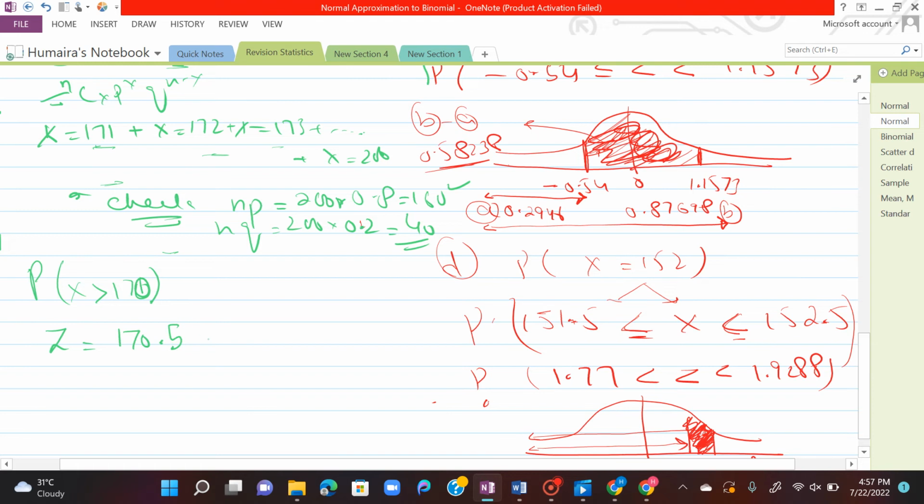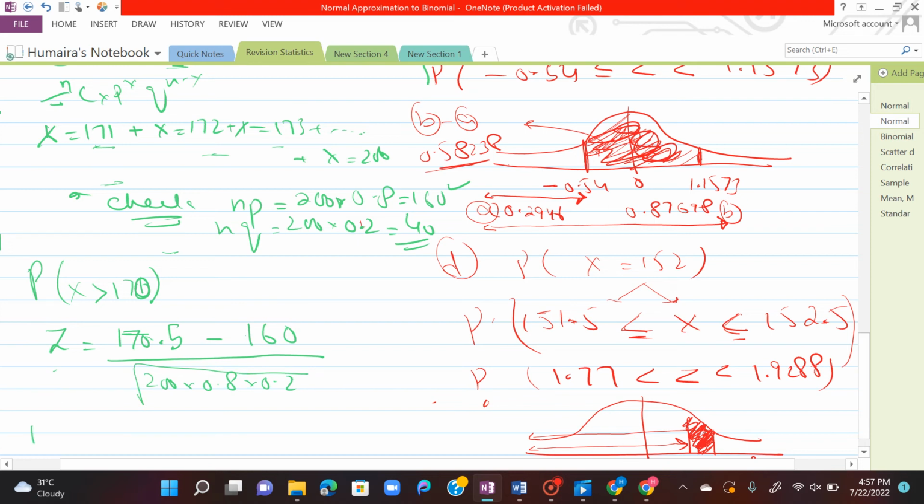So it's x minus mu, where mu is np. The np value here is 160, which I calculated above, upon the square root of npq. npq is simply 200 into 0.8 into 0.2, under root. When I solve it, I will get the z value.